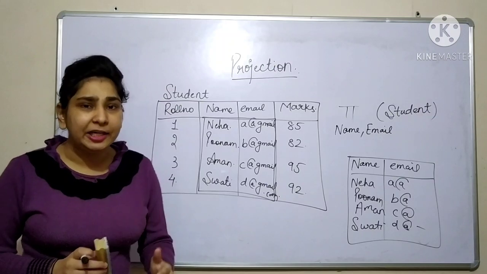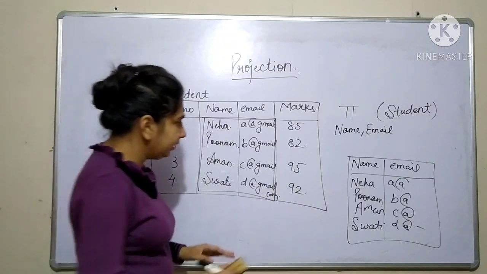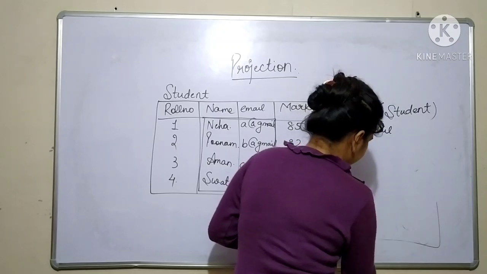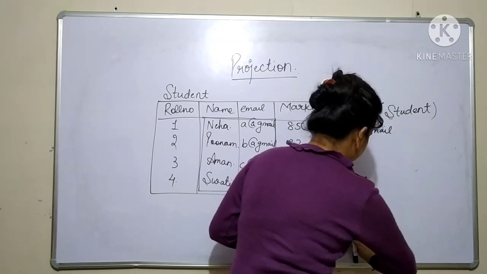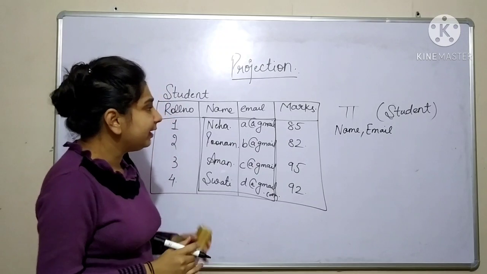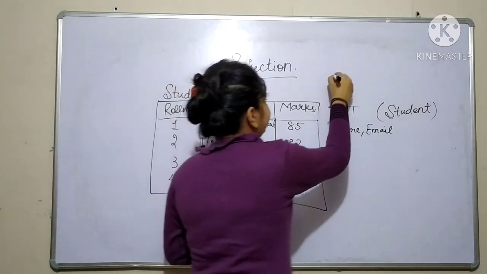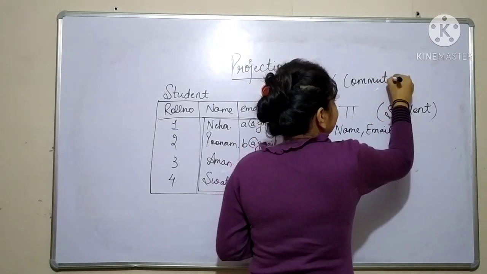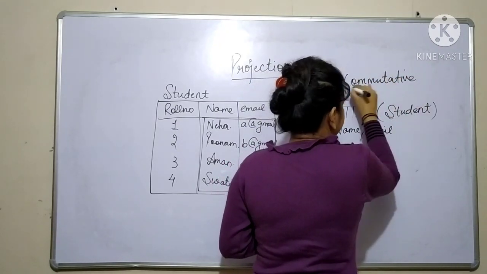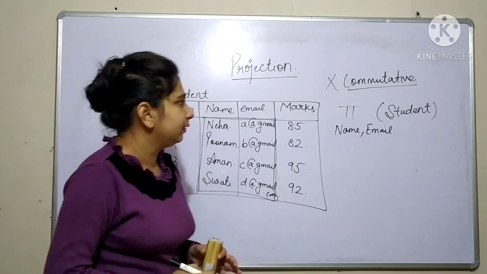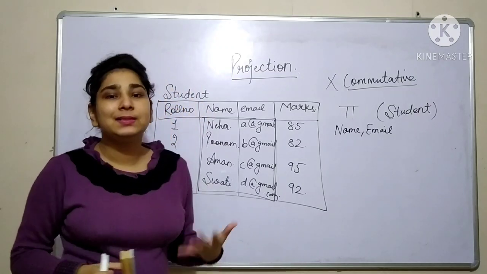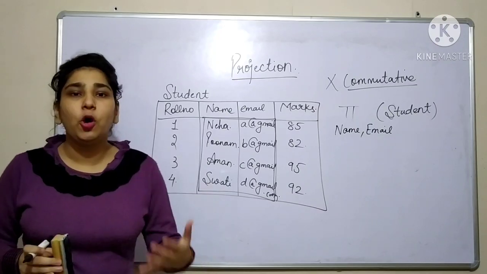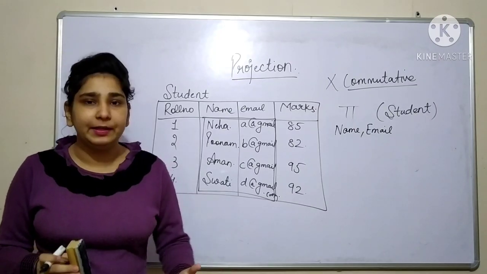Let me tell you one more thing. Projection is not commutative. Projection is a not commutative operation. As we discussed, the selection operation was commutative.